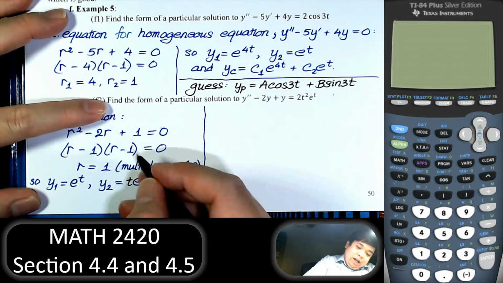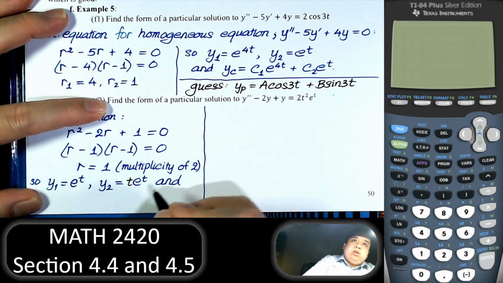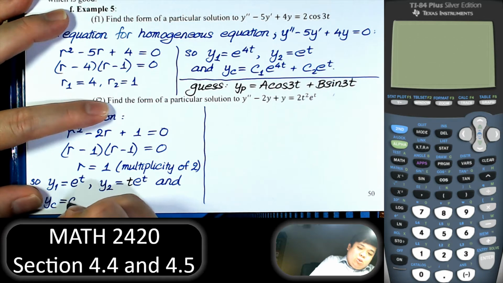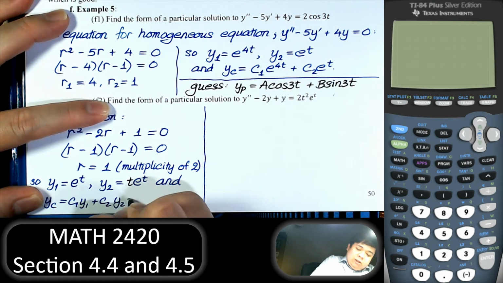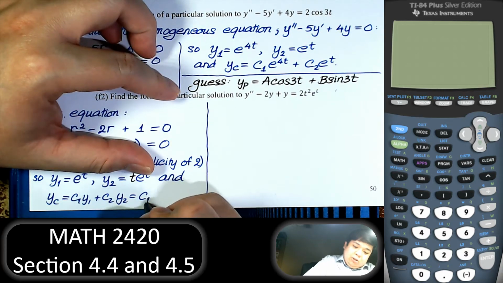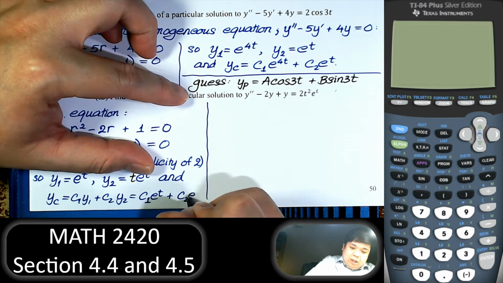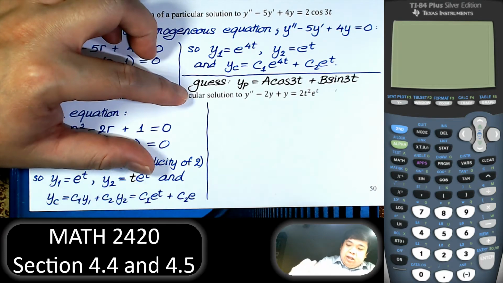And with that we have the complementary solution c1 y1 plus c2 y2. So c1 e to the t plus c2 t e to the t.